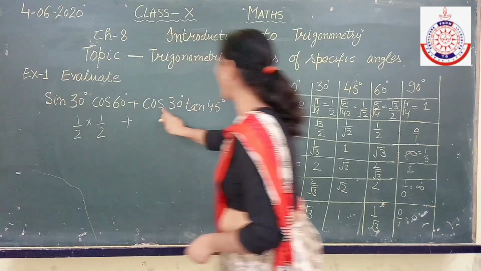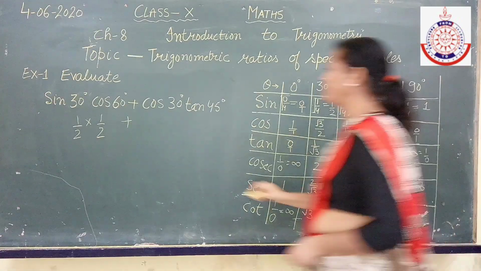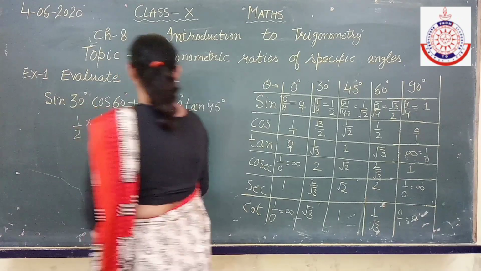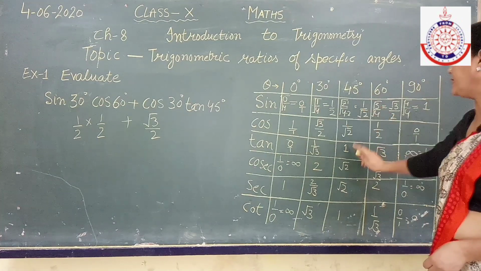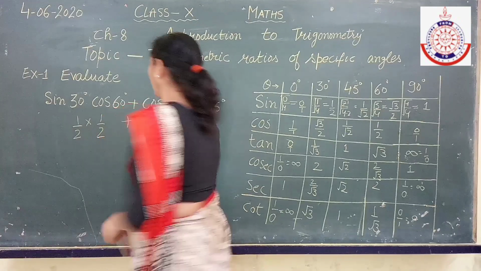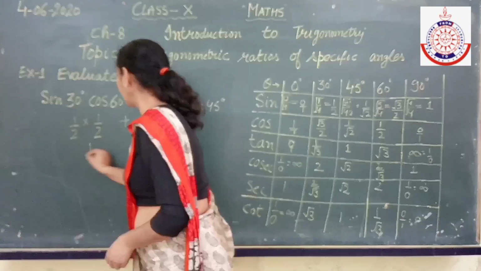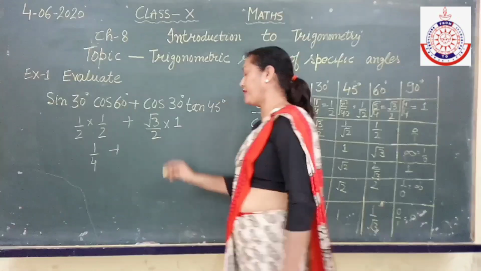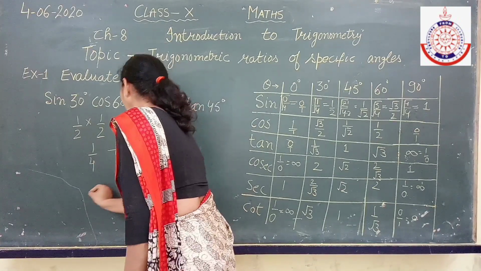Plus cos 30 degree, which is root 3 by 2. Then tangent 45, which is 1. Now simple calculation. Half into half will give us 1/4, plus root 3 by 2 into 1 will give us root 3 upon 2. Taking LCM.